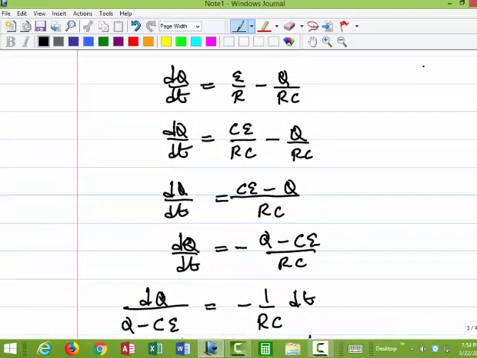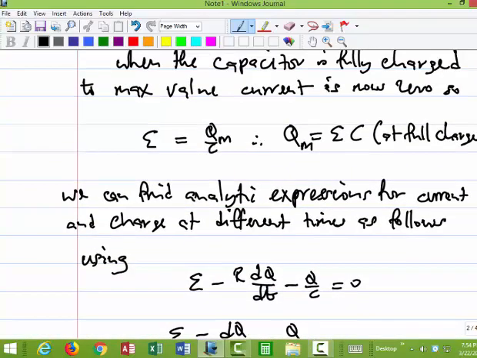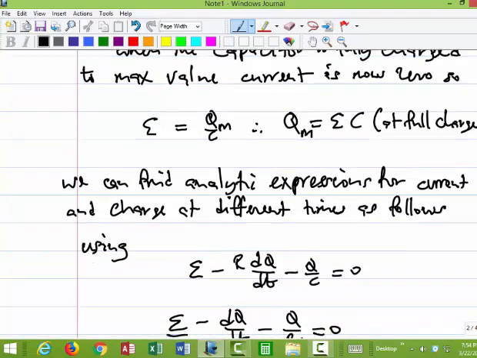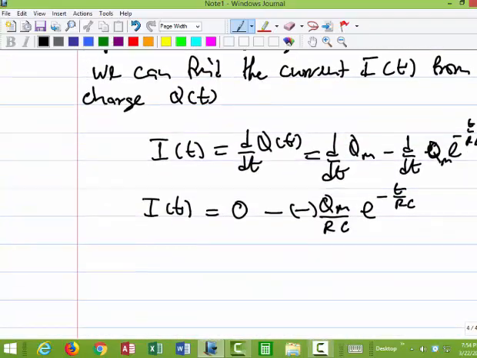And Qm over C is E, so we shall put that in there.